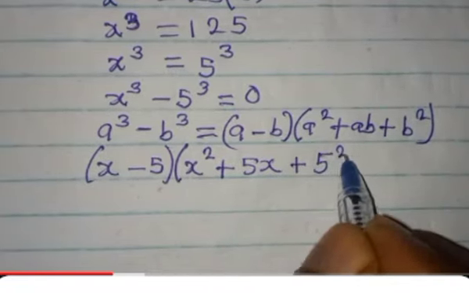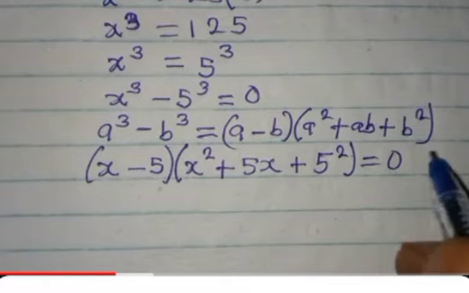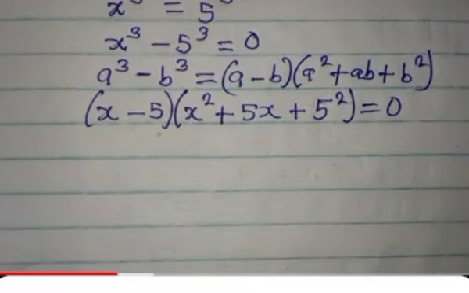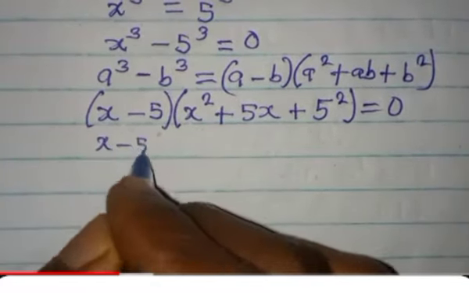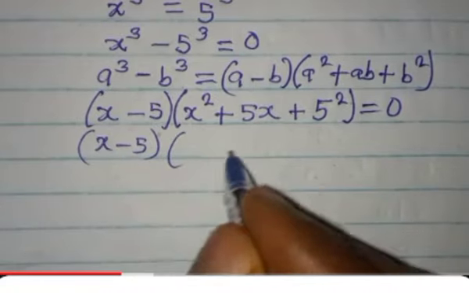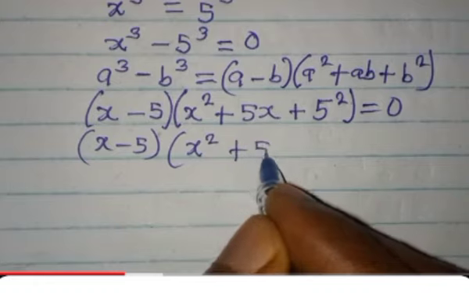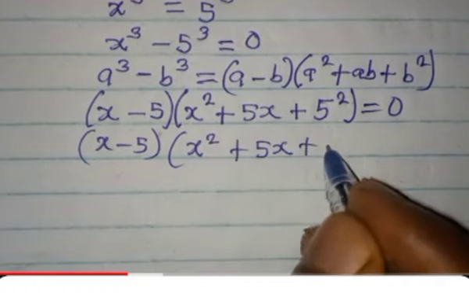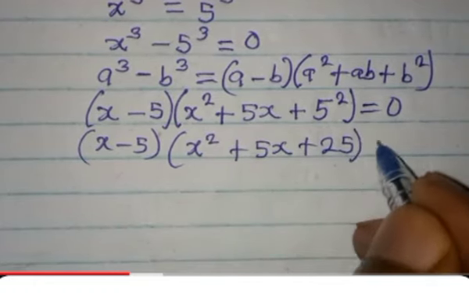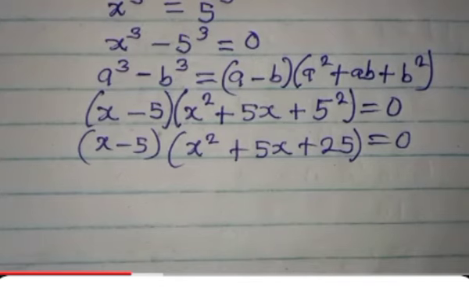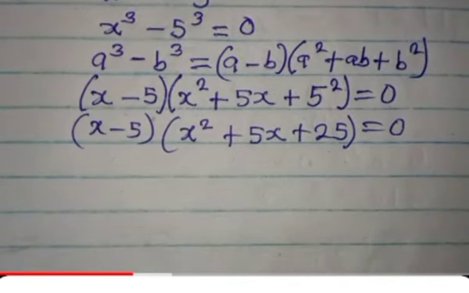Okay, so we have 5 squared there, and everything equals 0. So we have (x minus 5) here, and in the other bracket we have x squared plus 5x plus 25 equals 0.